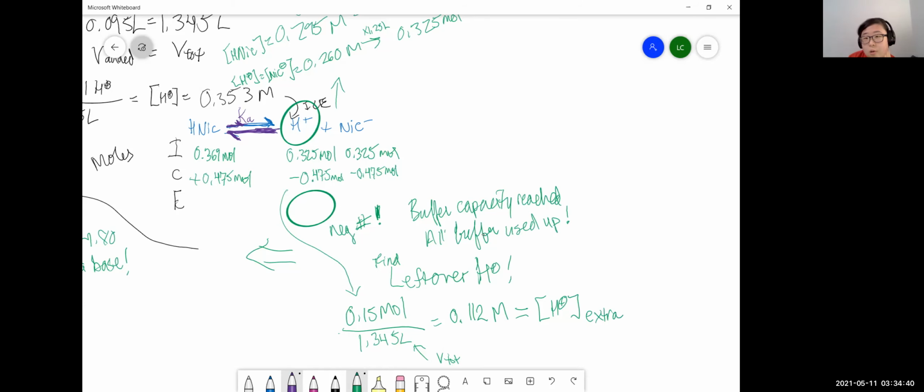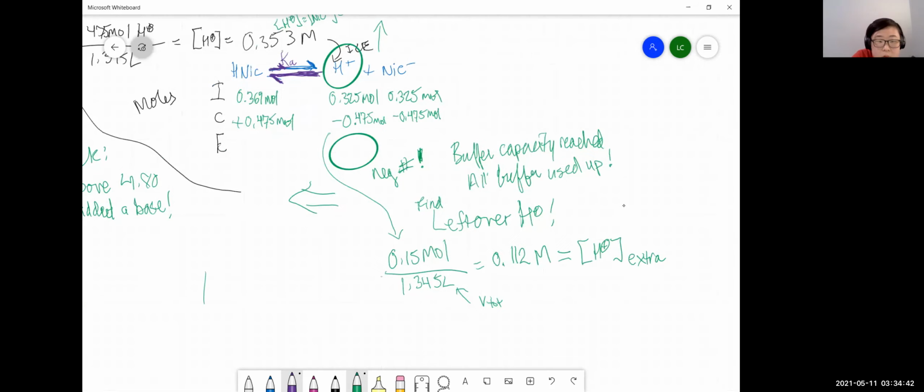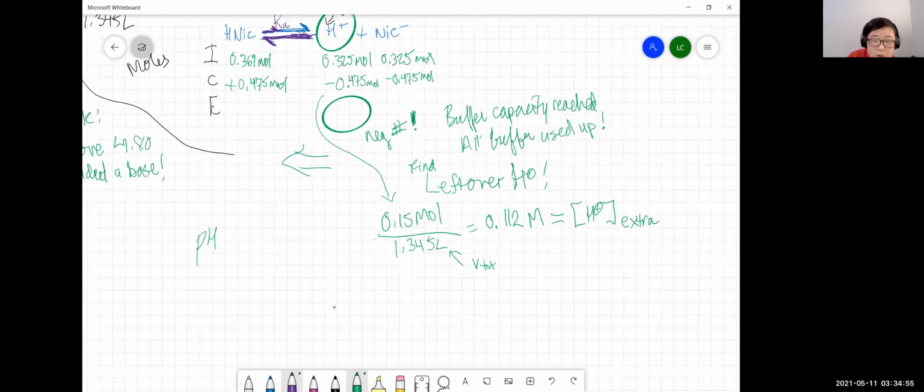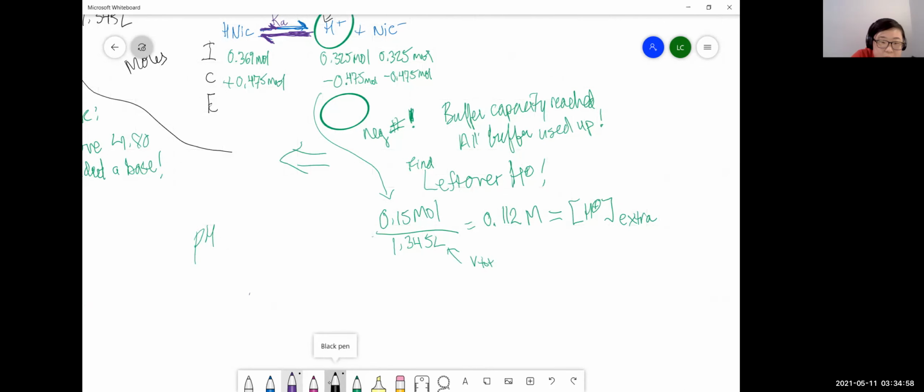And so if we have used up all the buffer, this means all we have is just a solution of HCl. All we have now is the strong acid, or strong base, but the strong acid.